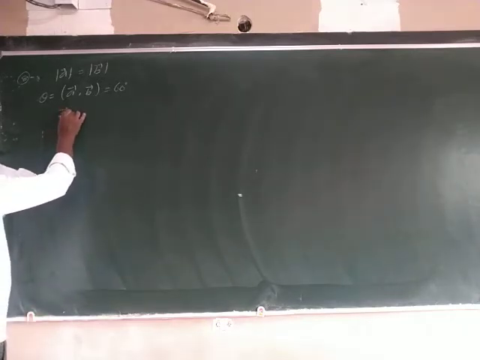That is, vector A dot vector B is equal to 1 by 2.